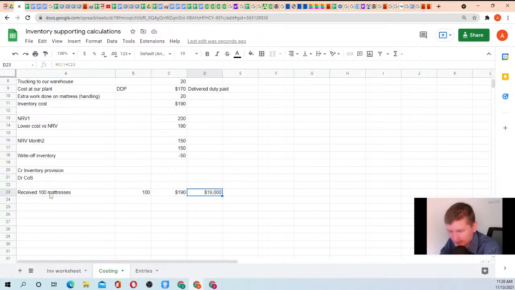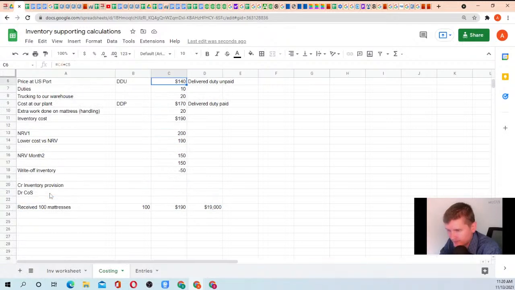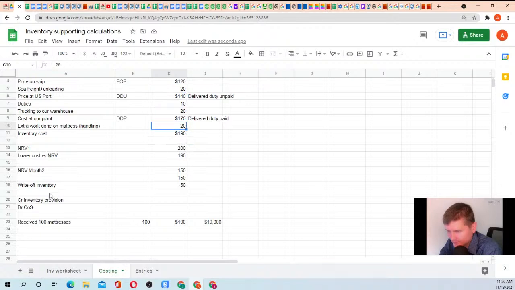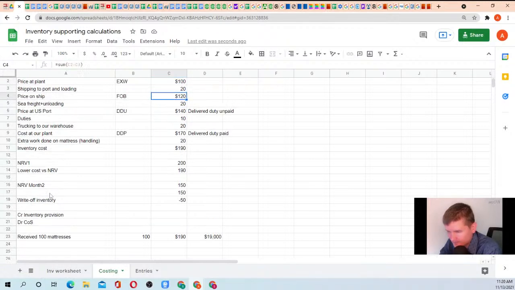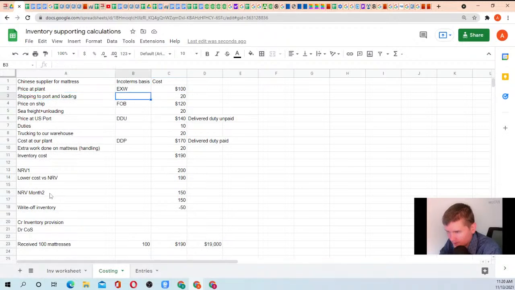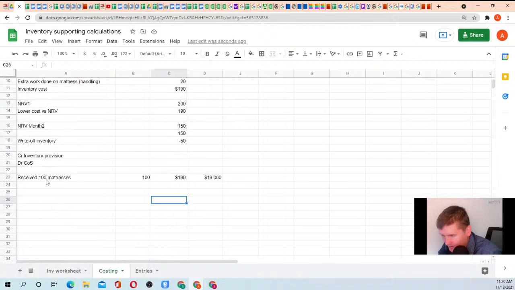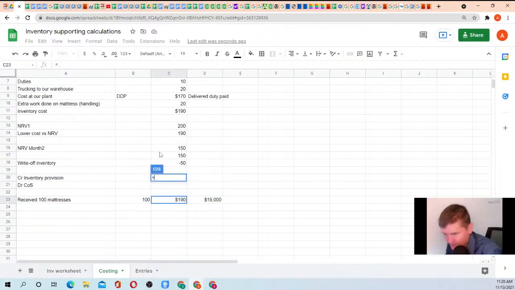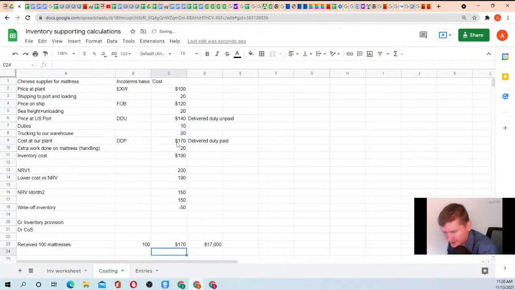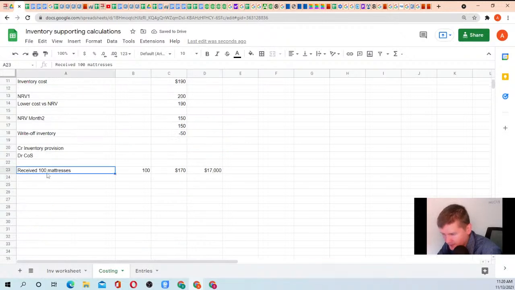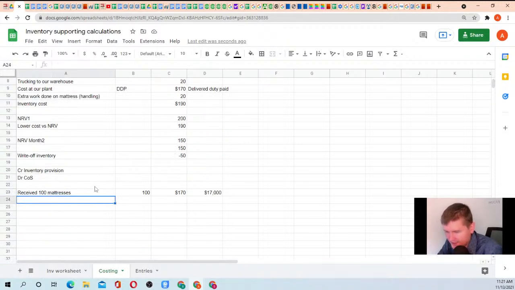When we have finally received those mattresses, let's say we bought them, okay, for our example, let's get it from here. So we received it at our plant. We paid the manufacturer.